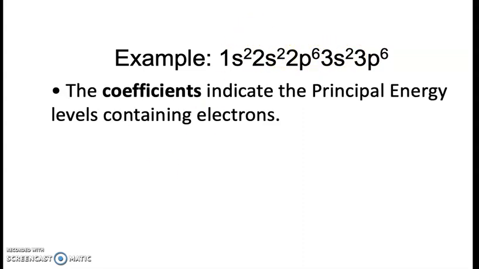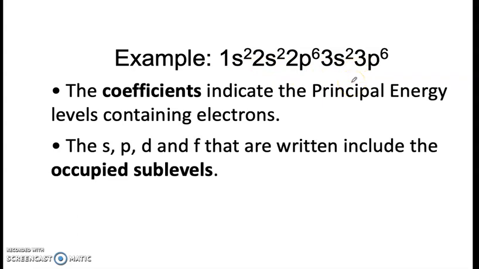Now, the coefficients essentially indicate the principal energy levels containing electrons. Coefficients are the numbers in front, like the 1, 2, 2, 3, and 3. So in this example, there are electrons occupied in the first energy level, electrons in the second energy level, and electrons in the third energy level.